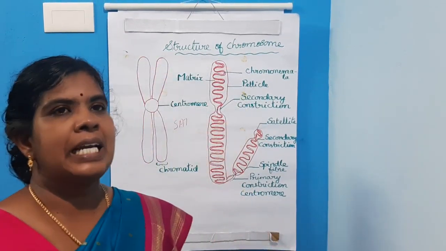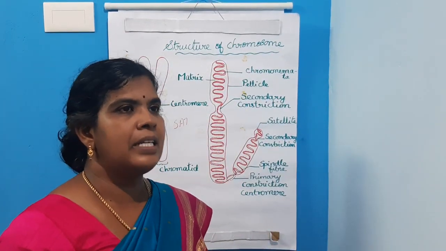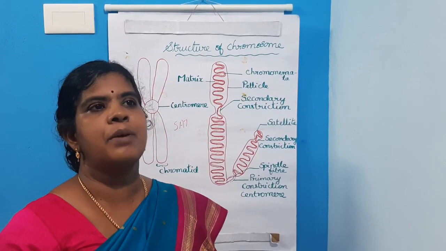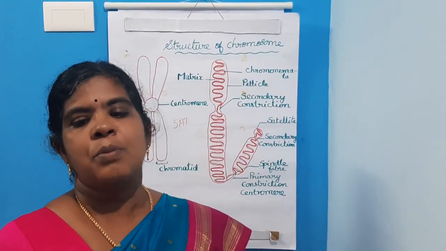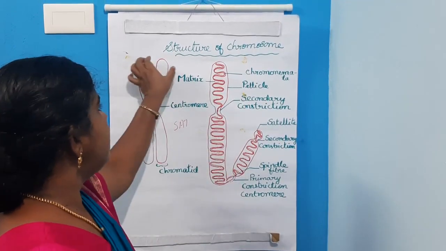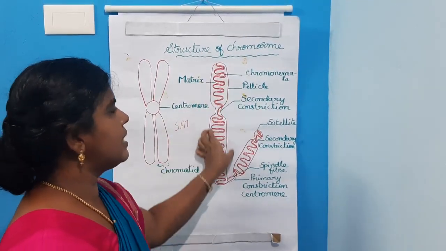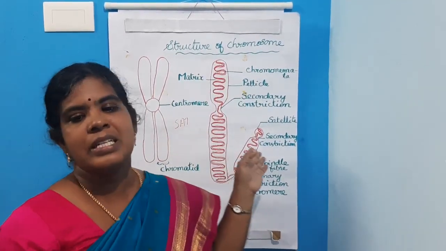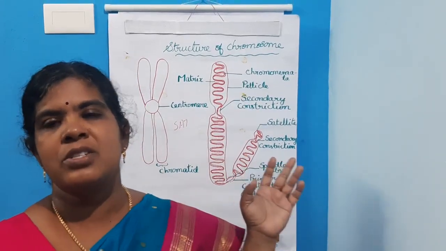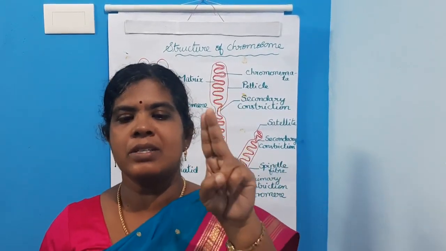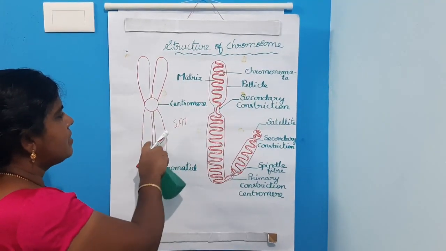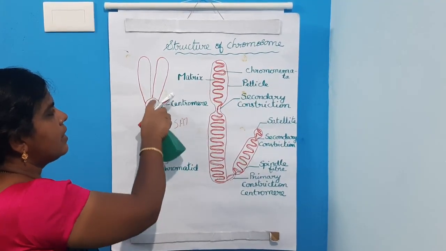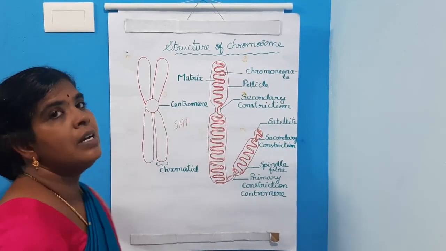Chromosomes are the carriers of genetic material, transmitted from one generation to the next. They are thin, long, elongated structures consisting of two identical structures called sister chromatids.